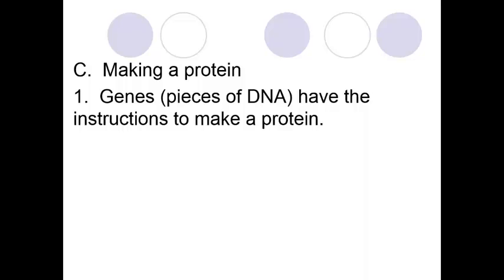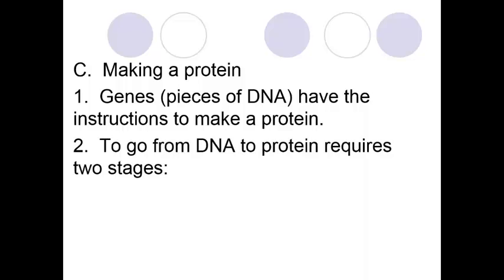So we are going to have different sequences of DNA based on that type of protein that we need to make. So a person who has red hair has a protein that makes their hair red. A person who has brown hair has a protein that makes their hair brown. So our DNA is different, which gives us a different protein, and that protein then gives us our hair color.